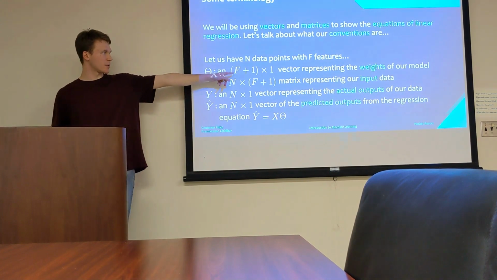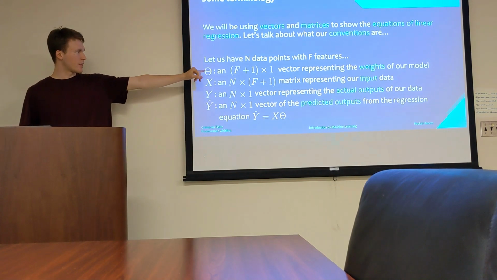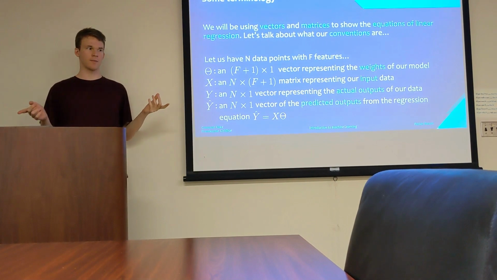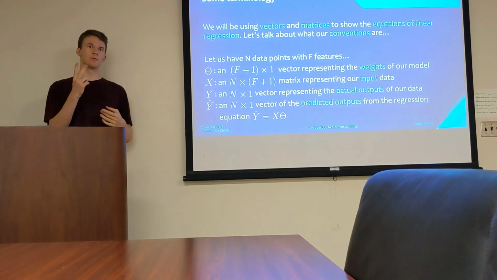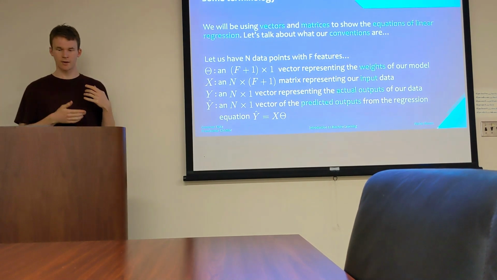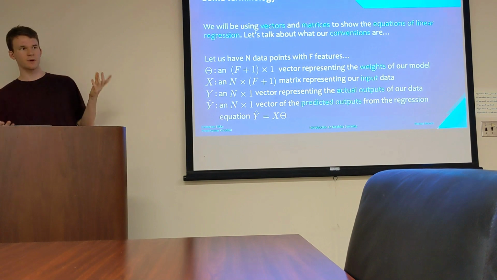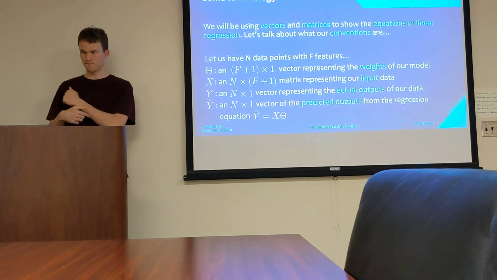F is going to be the number of features, and N is going to be the number of data points. So theta is going to have a size of F plus 1. In the previous example, F was 1, and our theta was size 2, right? It had A and B. So now if we have 2 features, we're going to have a theta of size 3, right? 2 weights for each feature, and then a constant bias term.